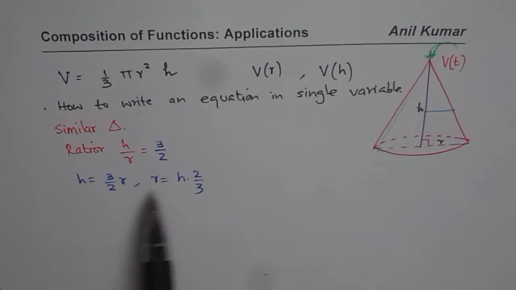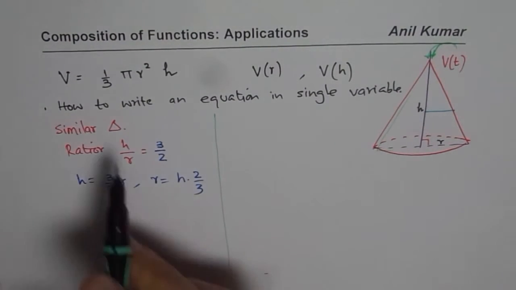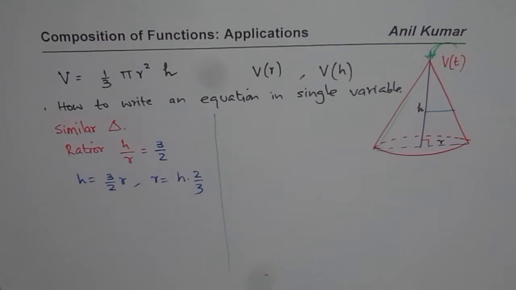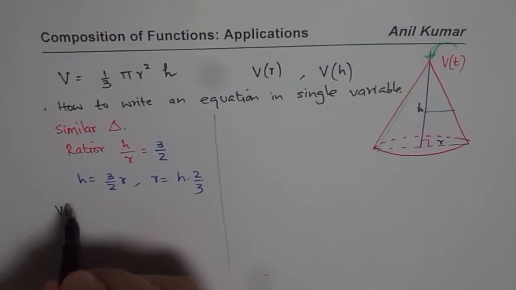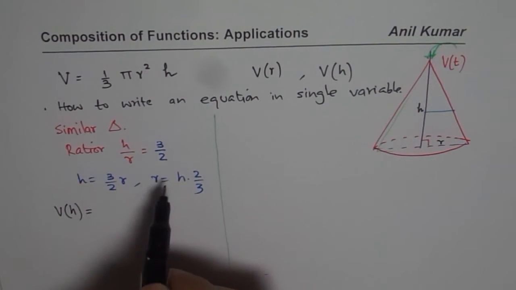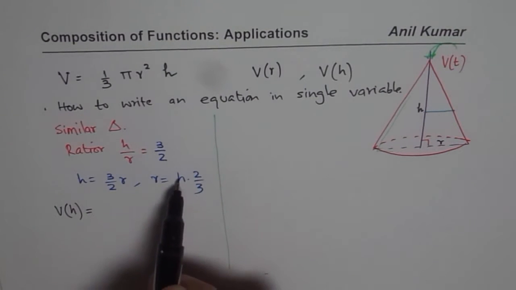So if we know that kind of a relation, in that case we can very easily write our function, which is volume, in terms of either radius or height, correct? So we could write this equation as volume in terms of height, and we'll replace r with the relation in height.